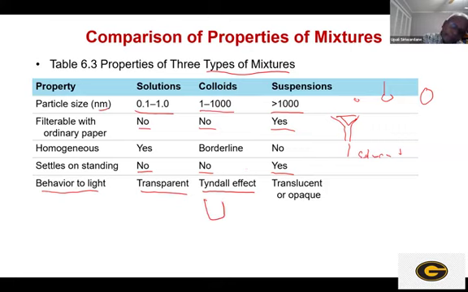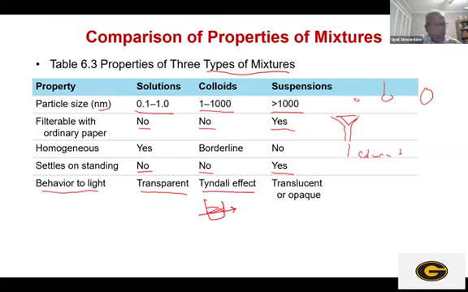When you pass light through a solution, you can see the streak of light through the solution, due to scattering of light from the large particle size of solute in colloids.